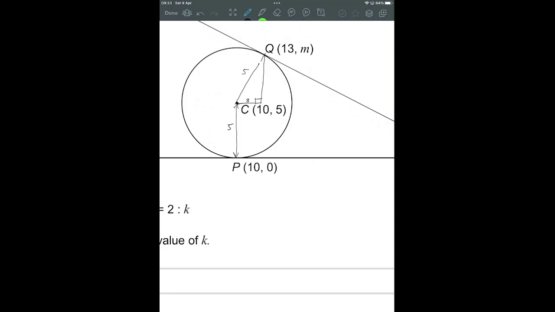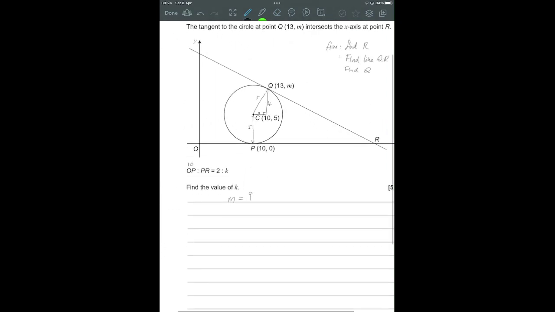So the change in y is our classic 3, 4, 5 triangle. So the change in y there is 4. That tells us what m is. C had a height of 5, we're 4 higher than that, so m is 9, which therefore says that Q is 13, 9.